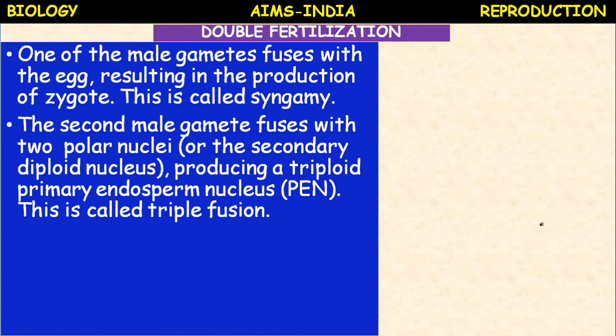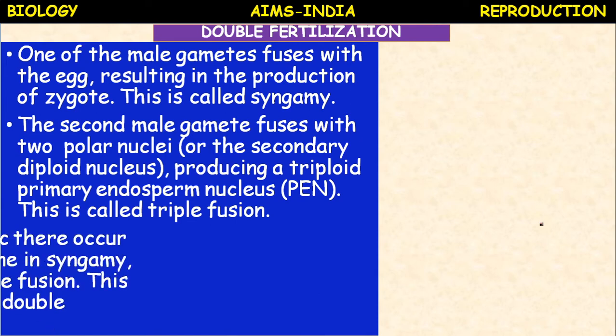This is called triple fusion, as it involves the fusion of three haploid nuclei. Since two types of fusions take place, syngamy and triple fusion, in an embryo sac, the phenomenon is termed double fertilization, and it is a unique feature of flowering plants. The central cell after triple fusion becomes the primary endosperm cell.